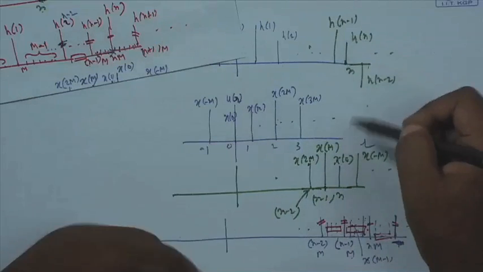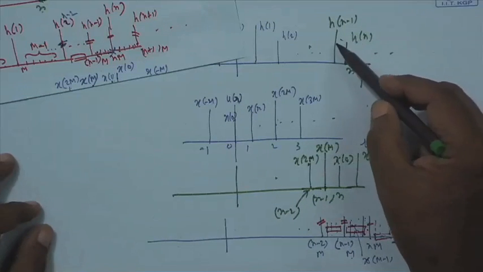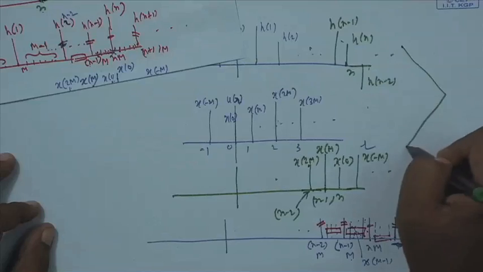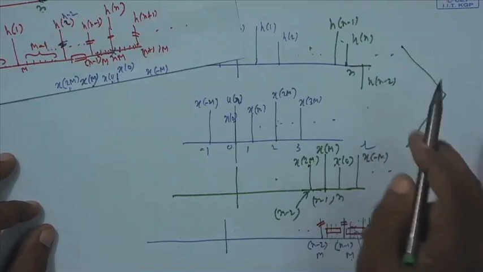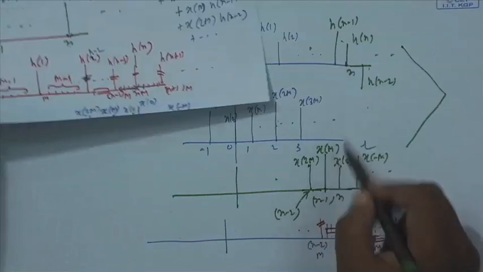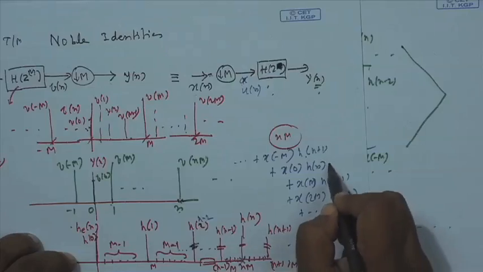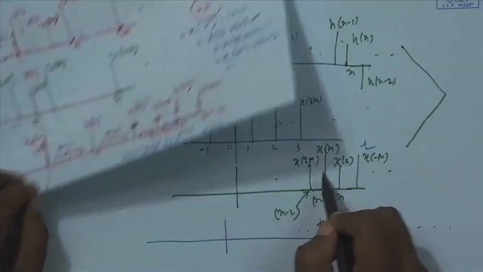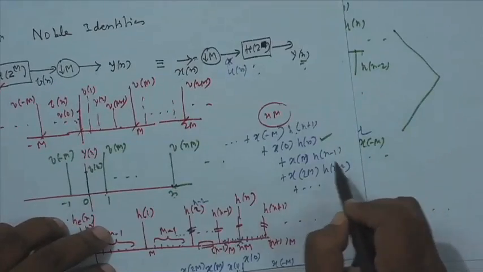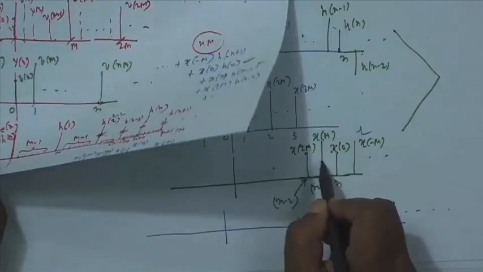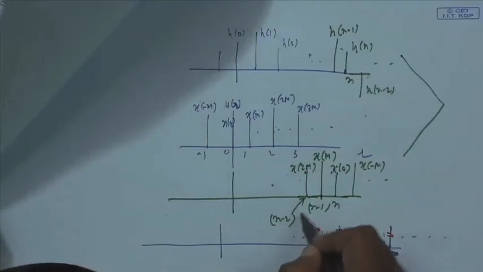Now, if you convolve, if you multiply this with this, what will you get? x 0 into h n, nth point, then x m into h n minus 1, x 2 m into h n minus 2, because x 2 m is at n minus 2.